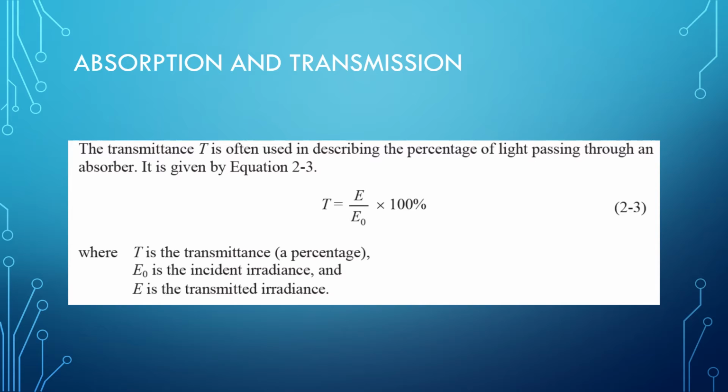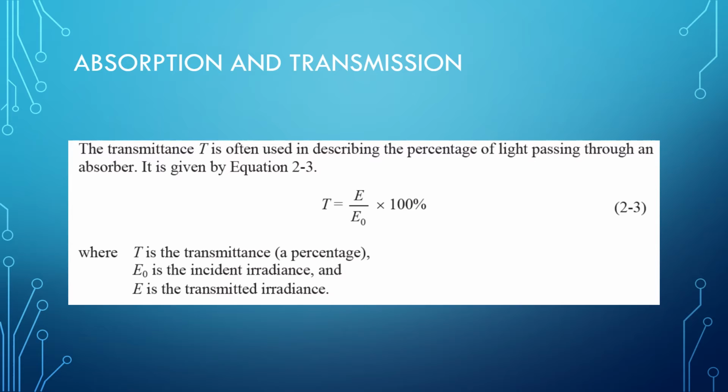Looking at this, the transmittance decreases with an increase of either or both alpha and x, since E is equal to E0 e to the minus alpha x, which decreases as alpha and x increase. The absorption coefficient alpha depends on the nature of the material and the wavelength of the light.